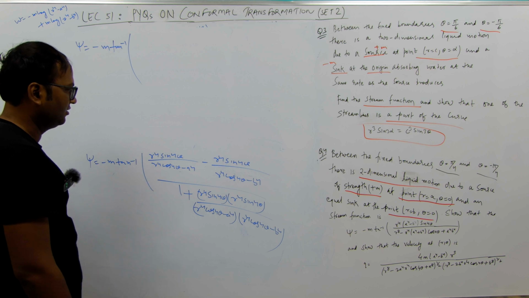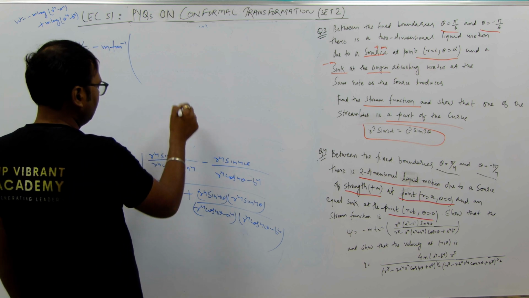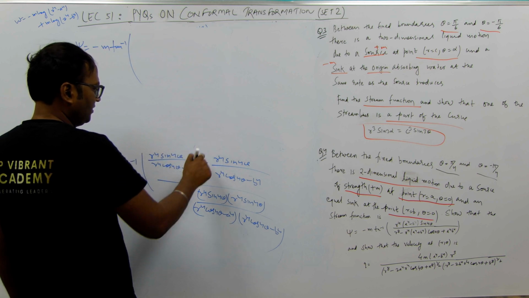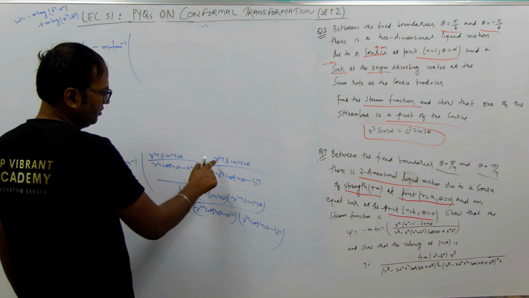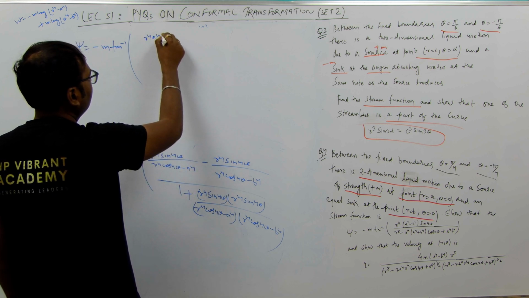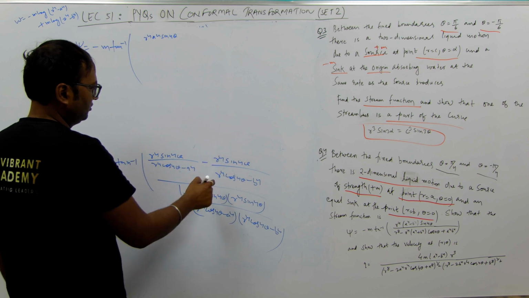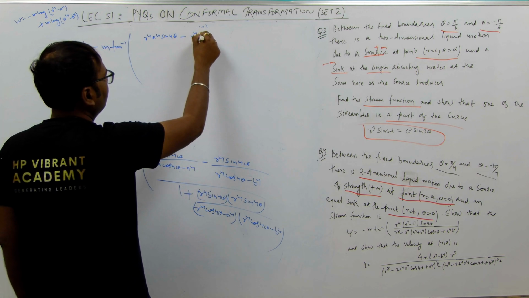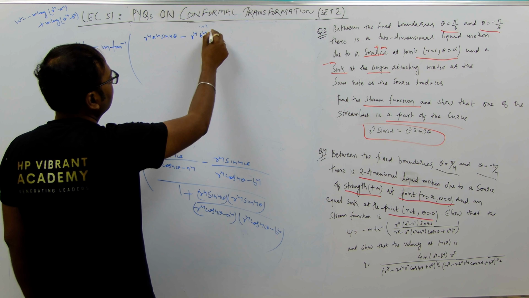This will get cancelled. What will be left is r4 sin 4 theta into minus b4, and this is r4 a4 sin 4 theta, and this will be minus r4 b4 sin 4 theta.